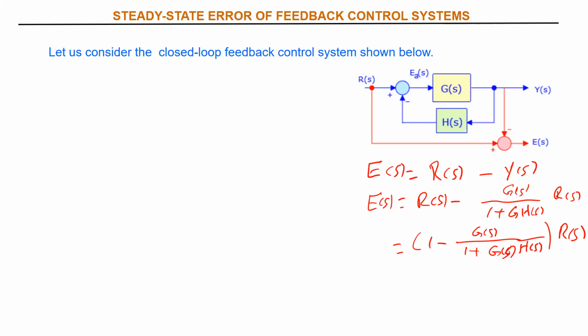Usually we know what G of S and H of S are, and suppose my input is a step function. How do I find the steady state error? Normally, I substitute for R, which is 1 over S for a step, then do partial fractions, go to the time domain and find E of t.